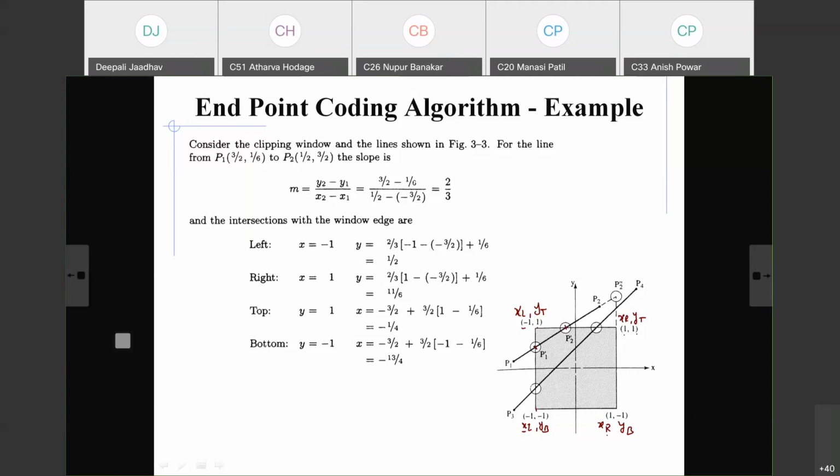So for that, what we need to do? First we need to find the slope of the line. The slope of the line is y2 minus y1 divided by x2 minus x1. So what is y2? 3 by 2 divided by minus 1 by 6.